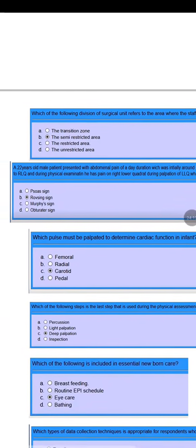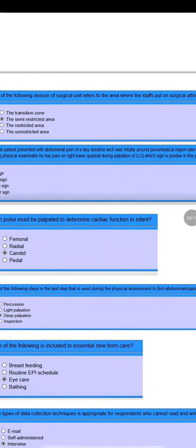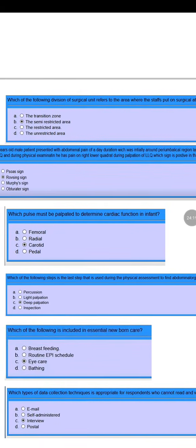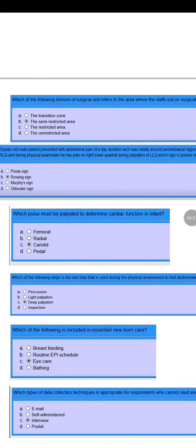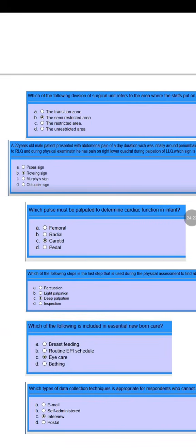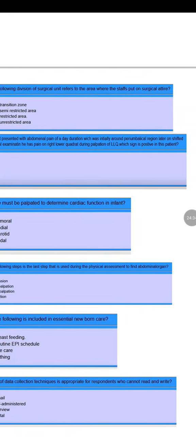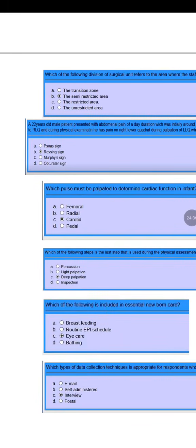Which of the following devices is used in the surgical unit to satisfy surgical arrest? A male patient with abdominal pain of one day duration, which was initially around the umbilical region, later shifting to the right lower quadrant during the physical examination.